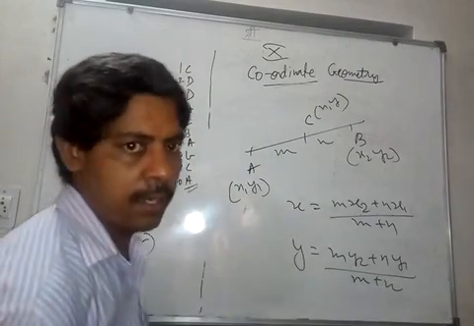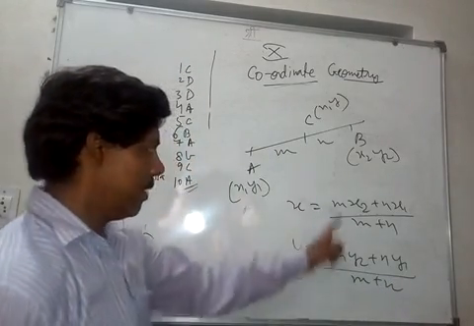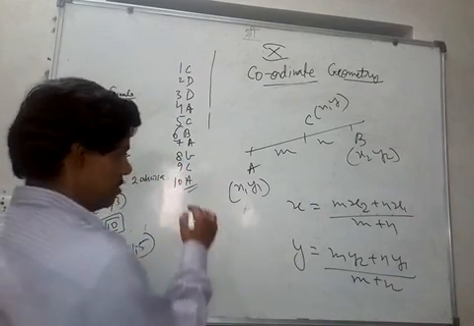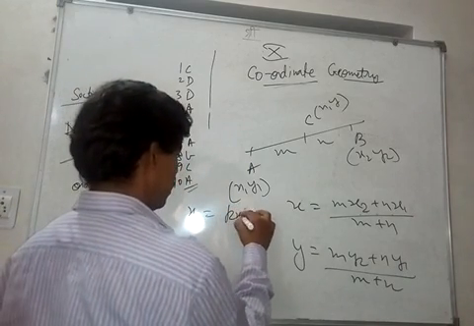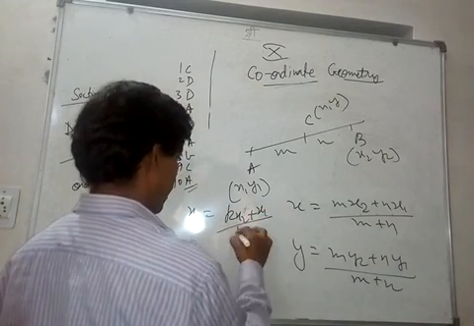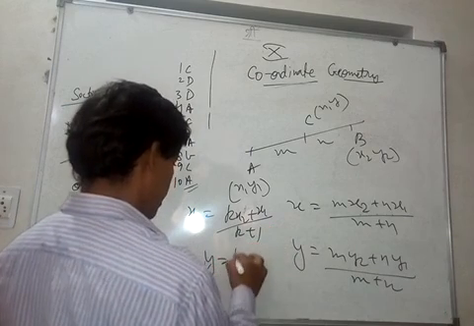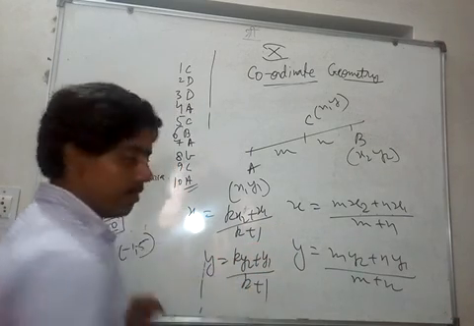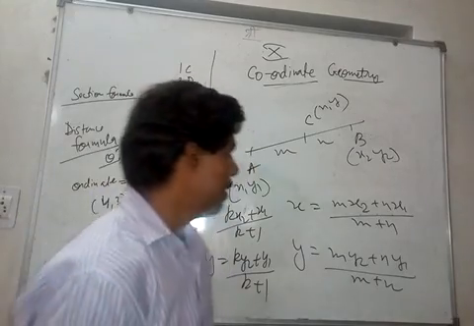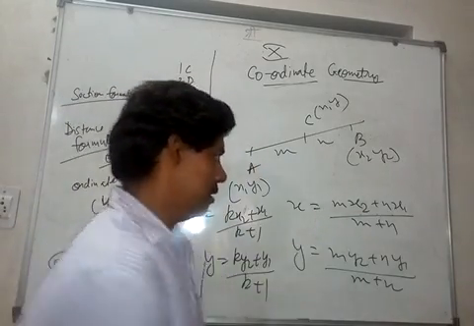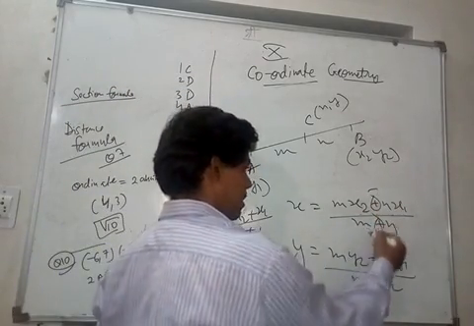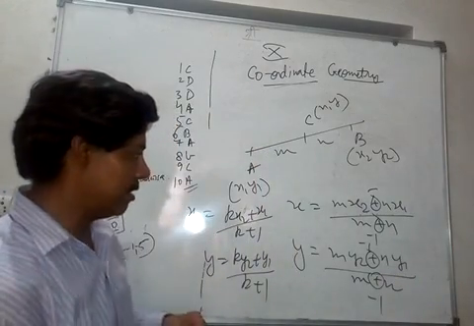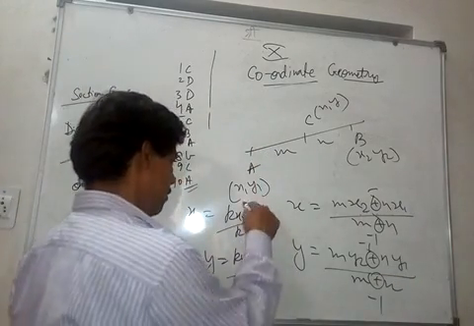This is for internal division, and we can replace m upon n as k, and the same formula can be written as x equals kx2 plus x1 upon k plus 1, and y equals ky2 plus y1 upon k plus 1. We have seen that in the last class. And if it is external division, both plus signs will become minus. That is the only change in external division. The plus will become minus.